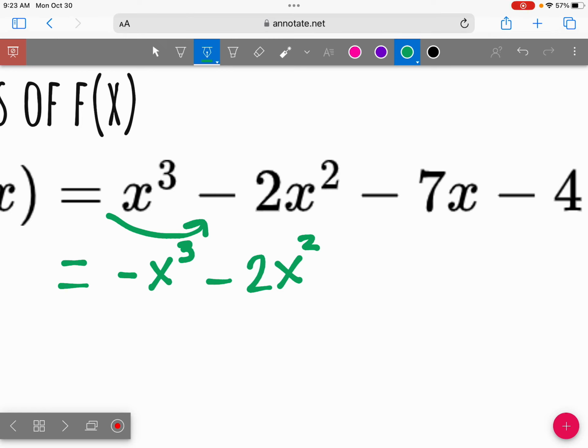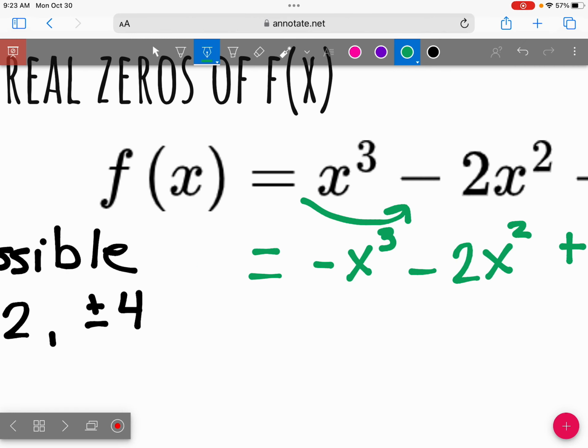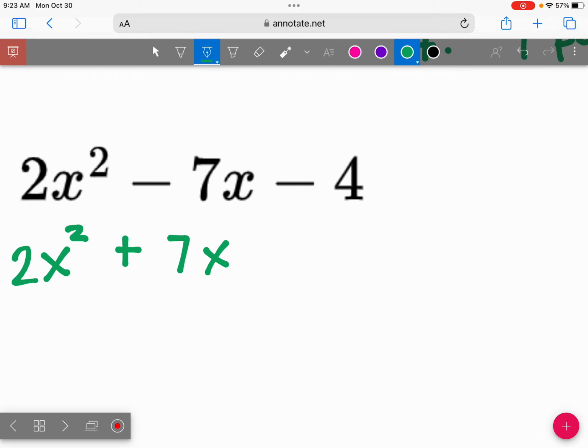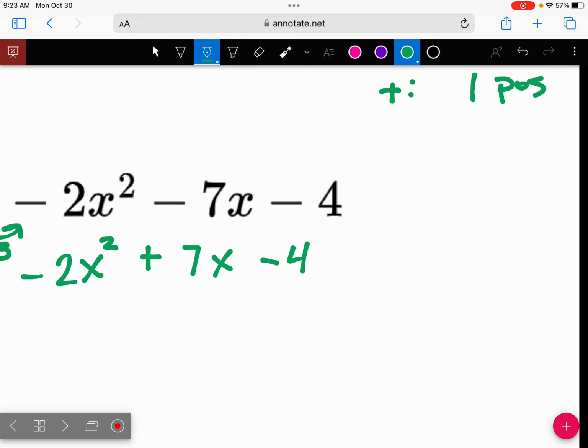Then minus 7 times the opposite of x, which changes the sign, and minus 4. This is substituting in f of minus x. How many sign changes are in f of minus x? 2 changes.